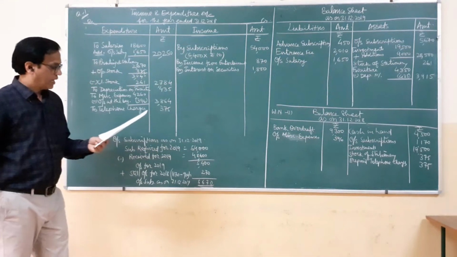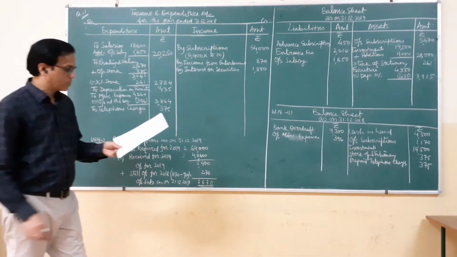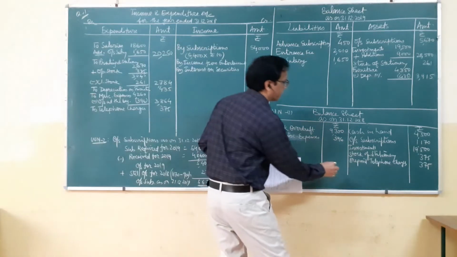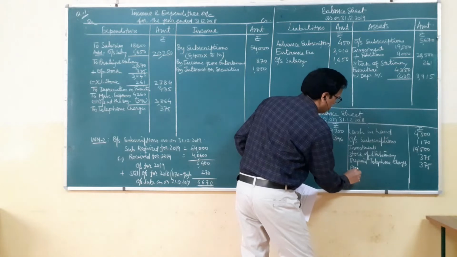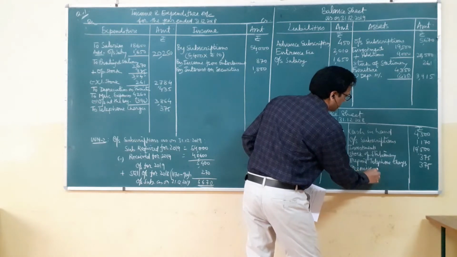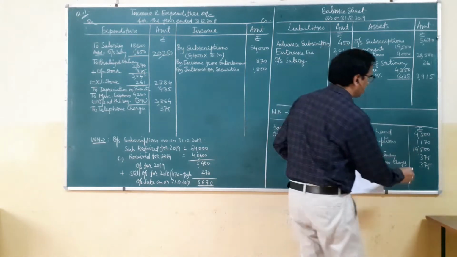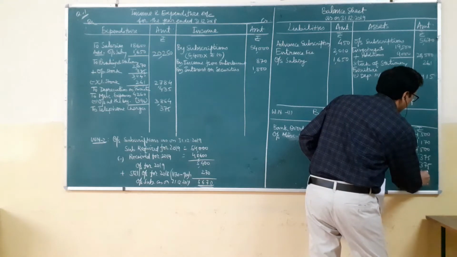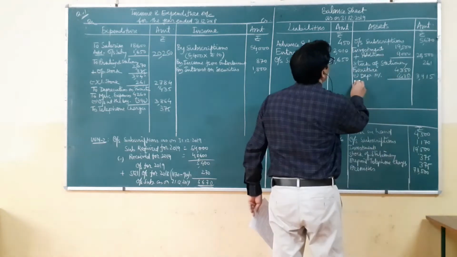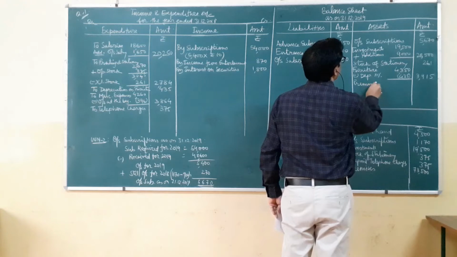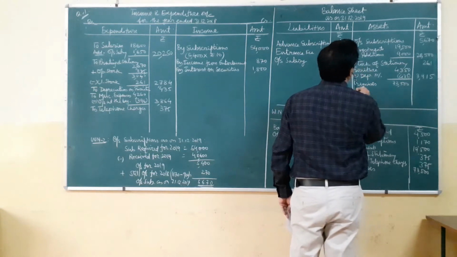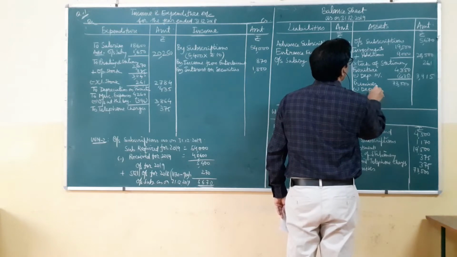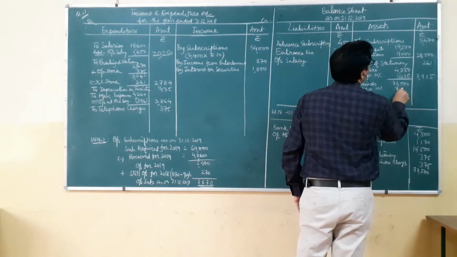Then, as on 31st December 2018, premises stand in the books at 73,500. Yes, this is to be taken. Here we write premises, no additions this year. 73,500 minus depreciation, 10% depreciation, 7350.